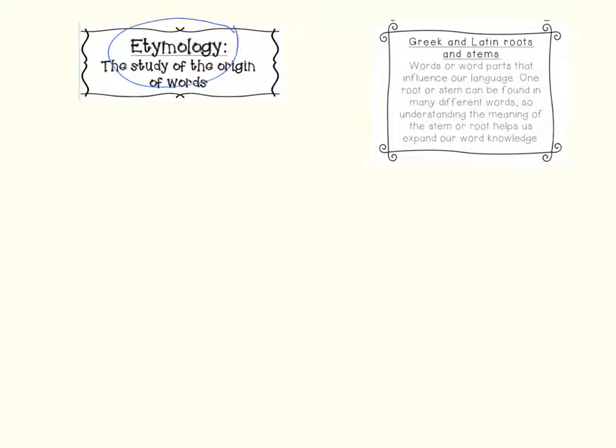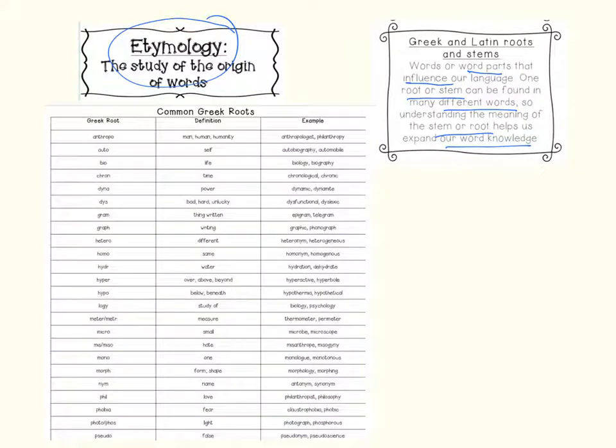So in the etymology lesson for our comprehension notebooks, we learn about Greek and Latin roots or stems, which are word parts that influence our language. Roots and stems can be found in many different words, and so if we learn the stem or root, it helps us expand our word knowledge.